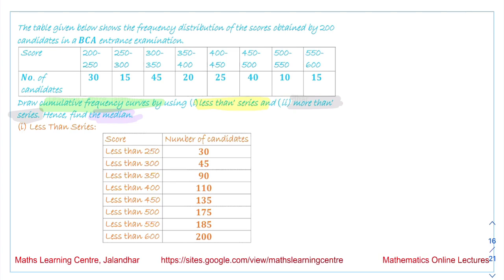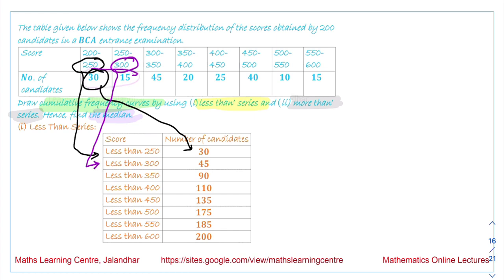So again, when we are writing the less than type series, less than type means we start our table from this side. The number of students having less than 250 marks is equal to 30. Next, the number of students having less than 300 marks is 30 plus 15, which is equal to 45.